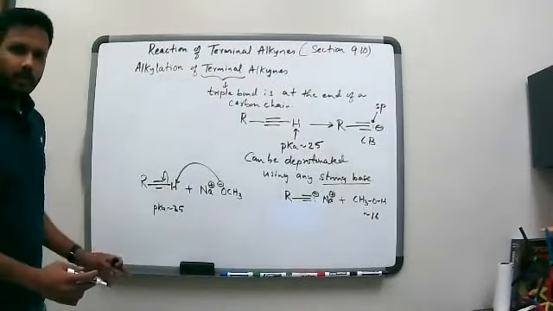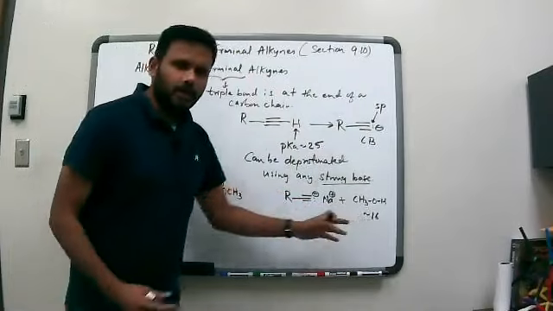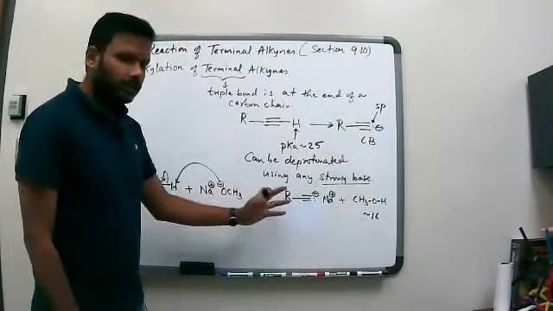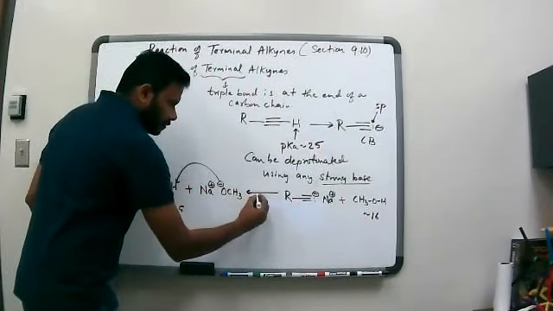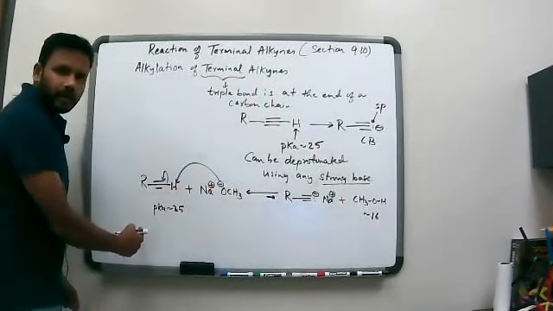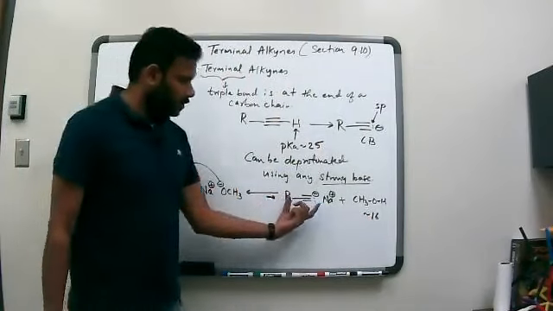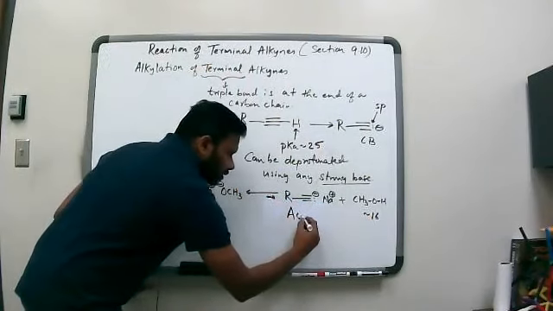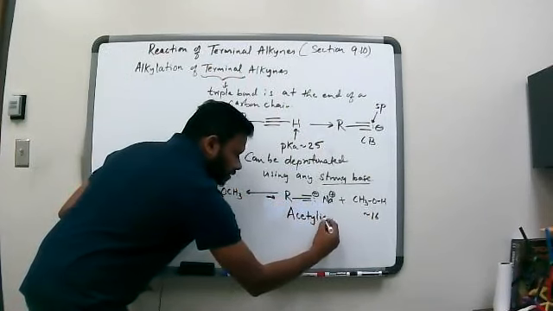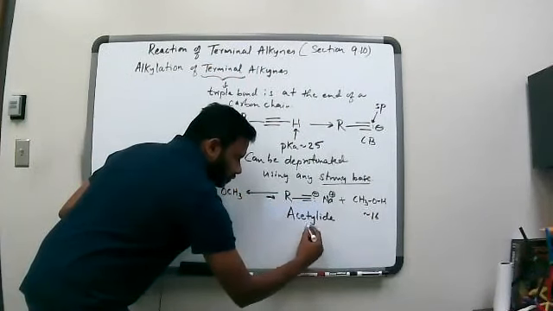So the relatively stronger acid is on the product side, and this reaction is favored in the backward direction. This conjugate base has a name: an acetylide ion.